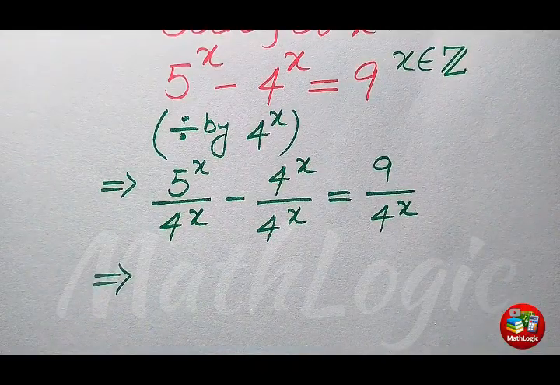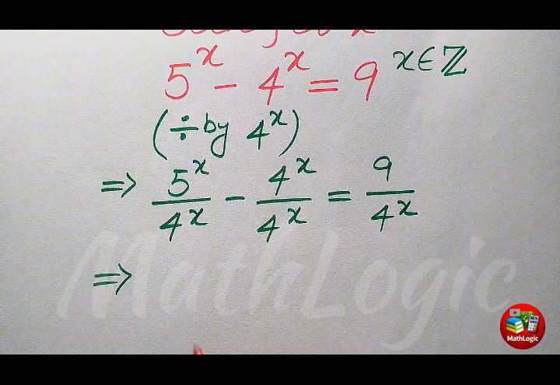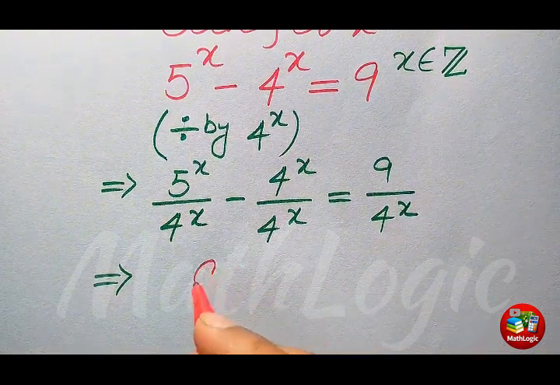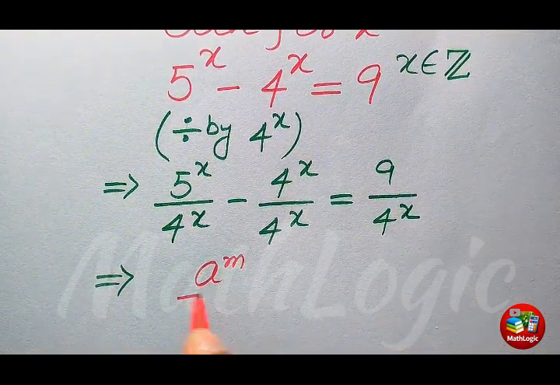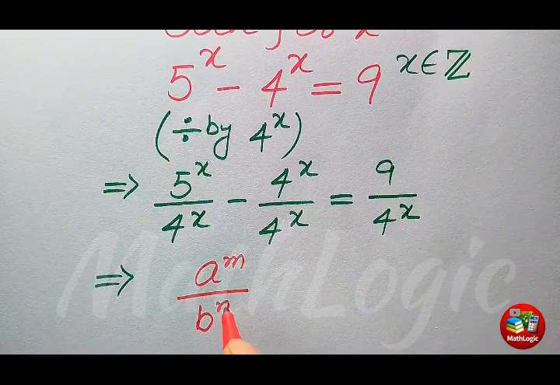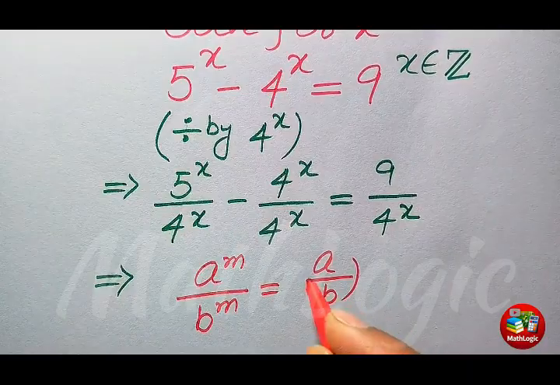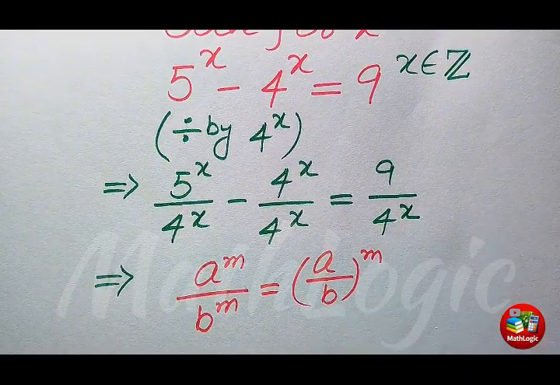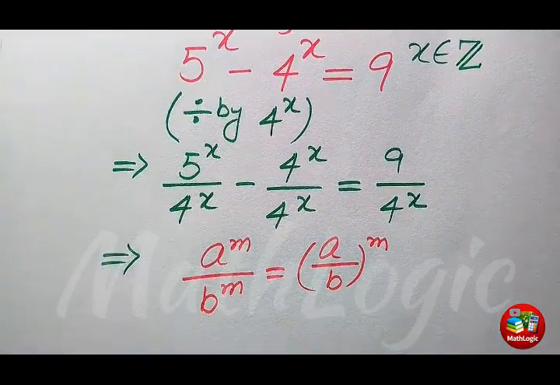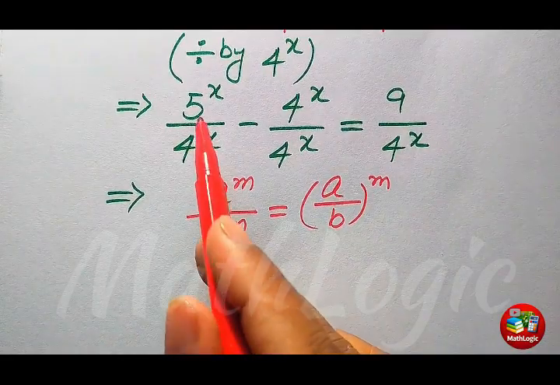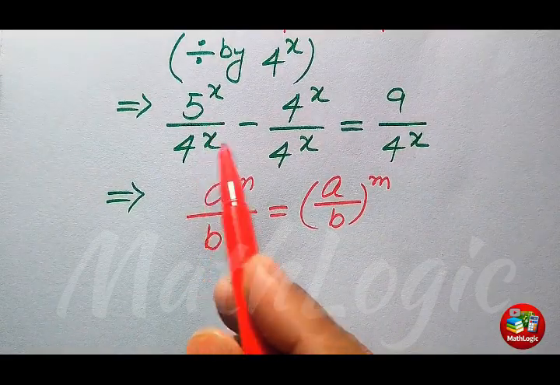Here first we use the nice exponential law. You know about this law: if we have a to the power of m divided by b to the power of m, this is equal to a divided by b, and its whole power is m. According to this rule of exponents, we need to combine the exponent of both of these two terms.